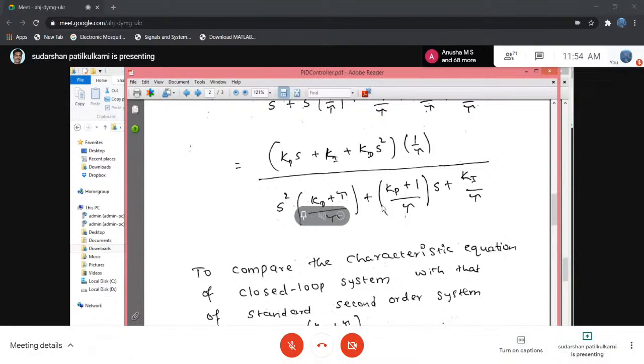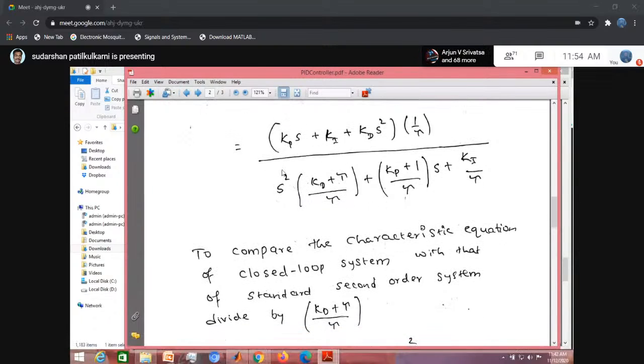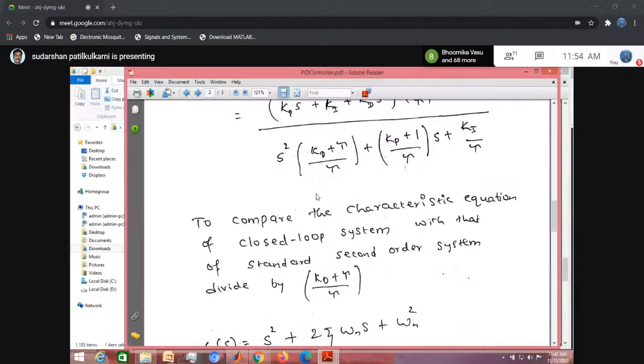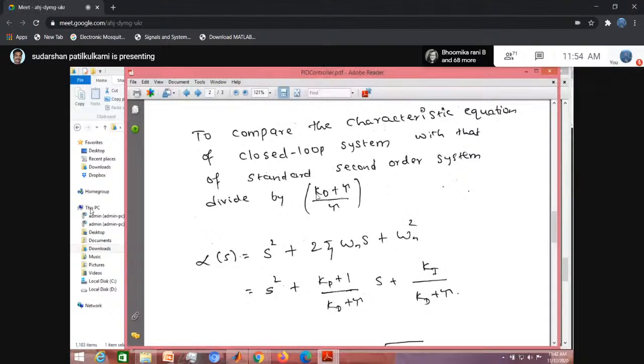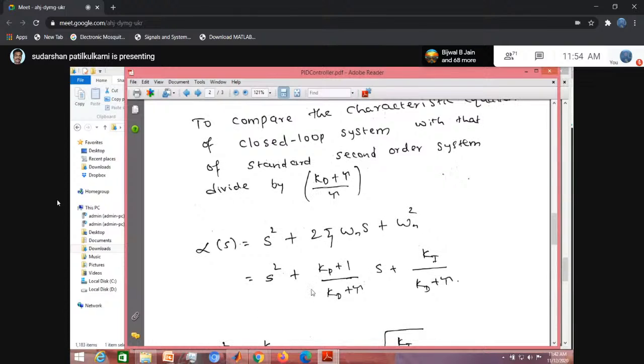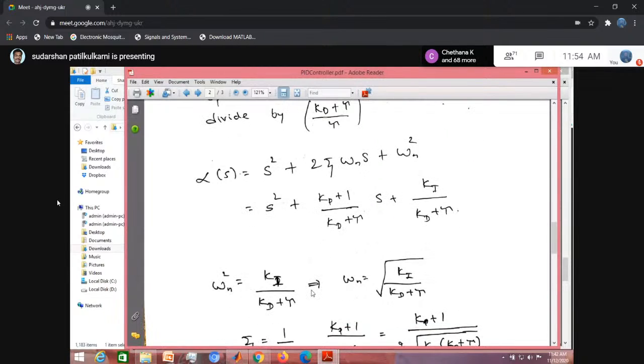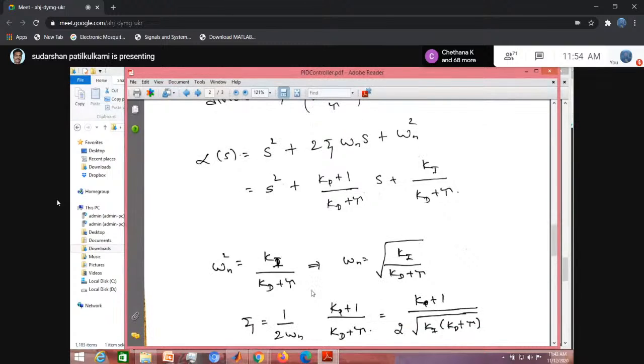So if you divide by the coefficient of S square, the roots of both the polynomials are one and the same. So we'll divide it by Kd plus tau divided by tau. The resulting expression is S square plus Kp plus 1 divided by Kd plus tau into S plus Ki divided by Kd plus tau. The natural frequency is the square root of Ki divided by Kd plus tau.